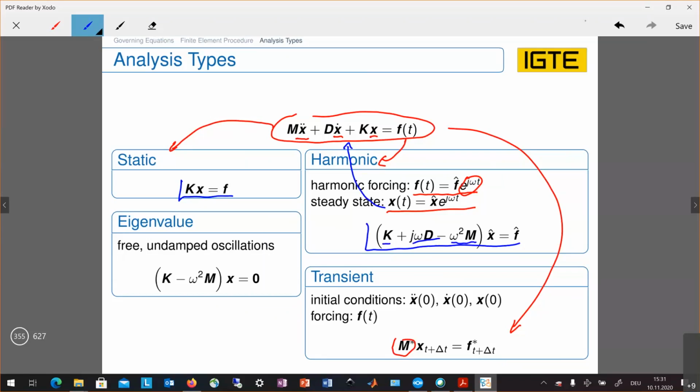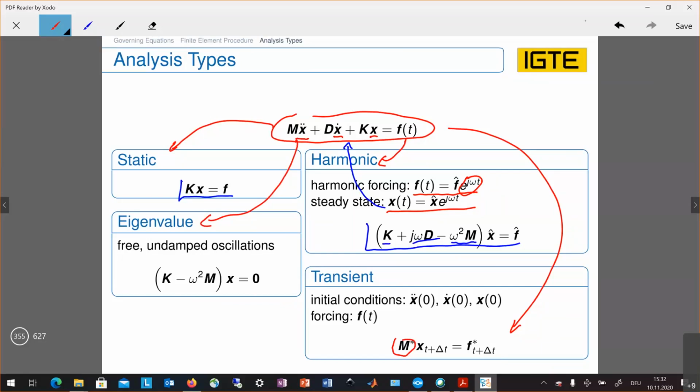Importantly, especially for mechanical systems, we also want to be able to do an eigenvalue analysis. With the eigenvalue analysis, we are able to get the resonance frequencies of your system and also the mode shapes, so how the vibration of your structure looks at these different eigenfrequencies, which are the eigenvalues of your eigenvalue problem.